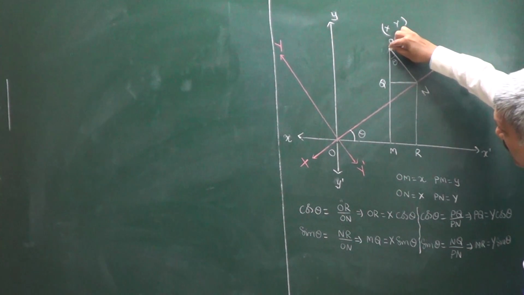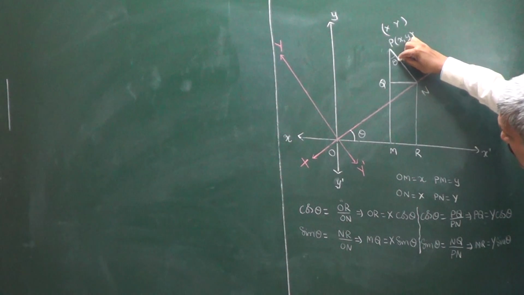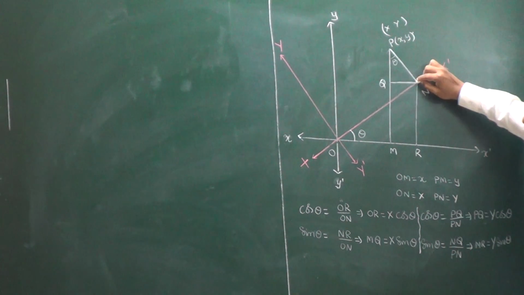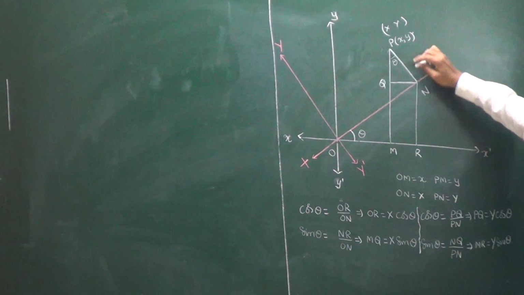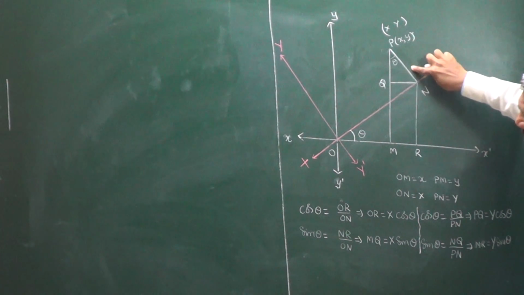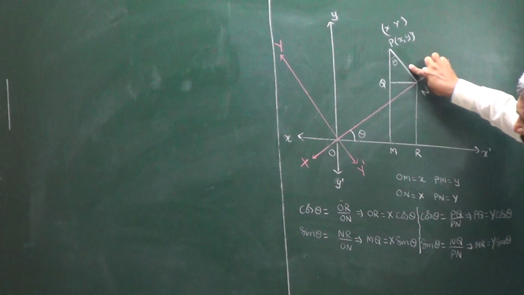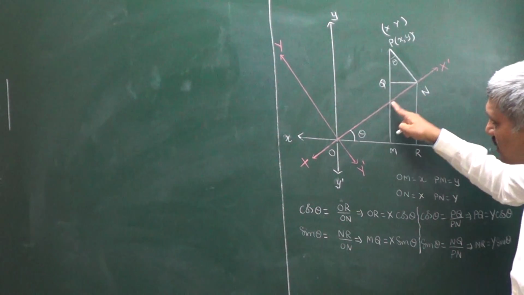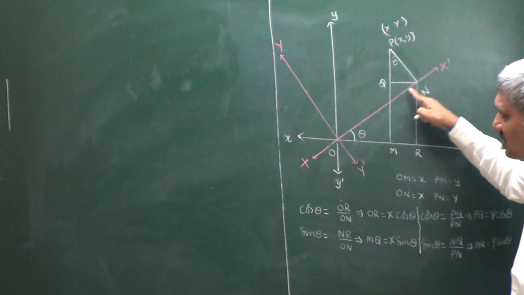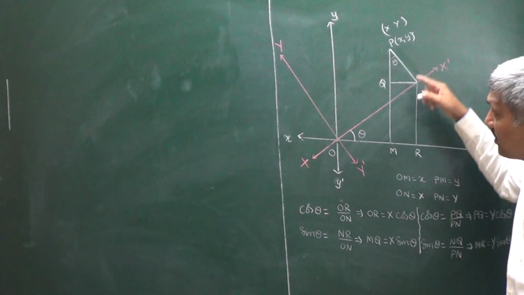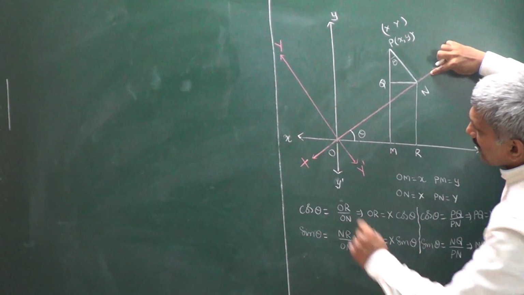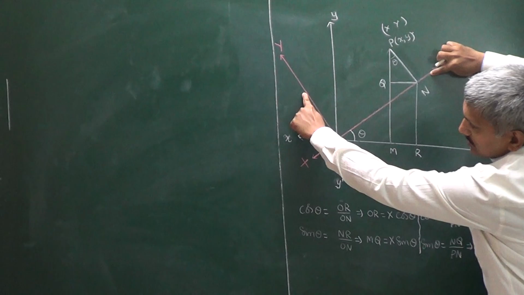Now from this point a line is drawn perpendicularly onto the new x-axis. This length is capital Y, agree or not? And at the same time, from this point to the origin, this distance is capital X, agree? Because this is the new x-axis and new y-axis.